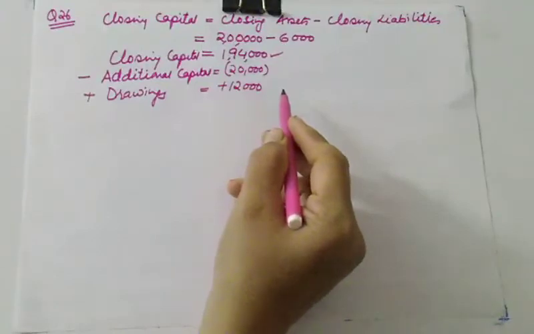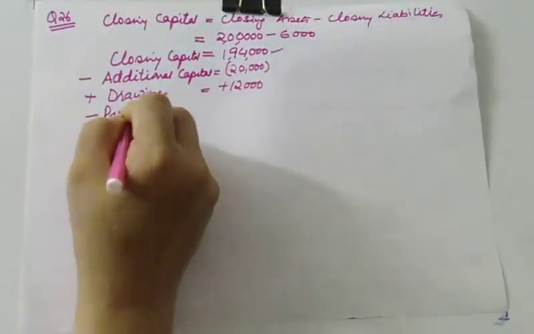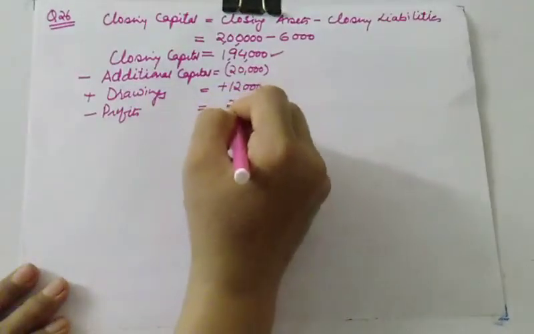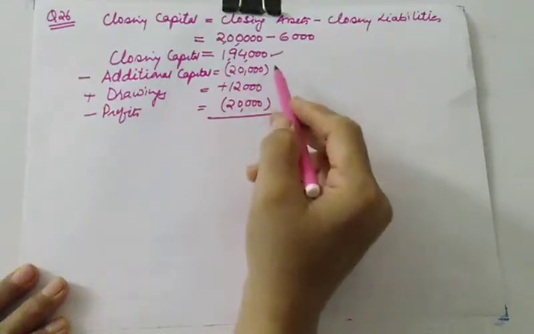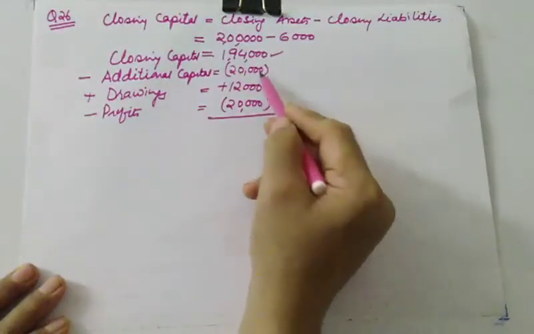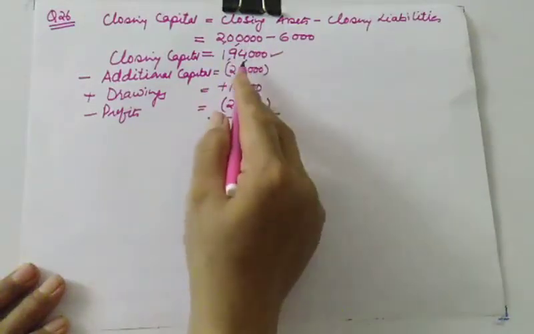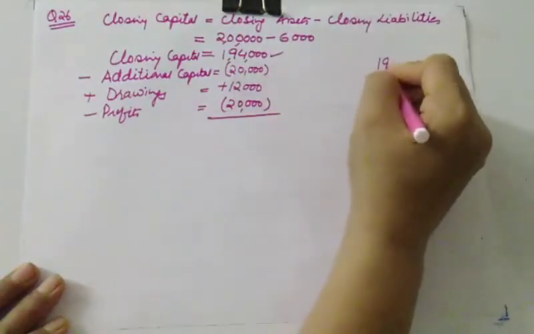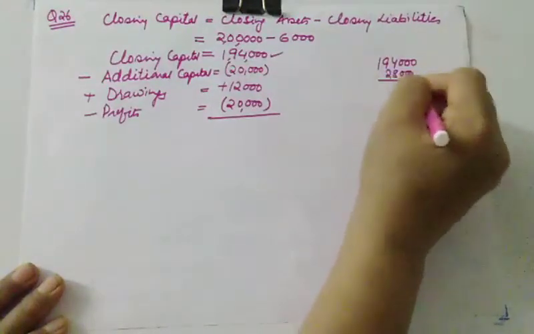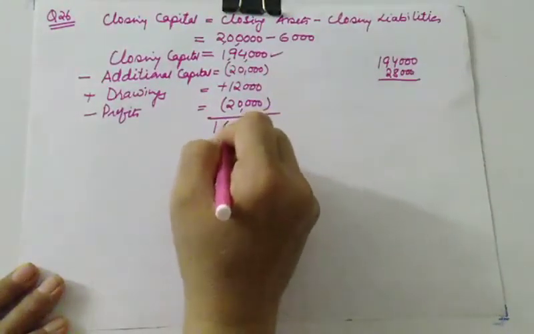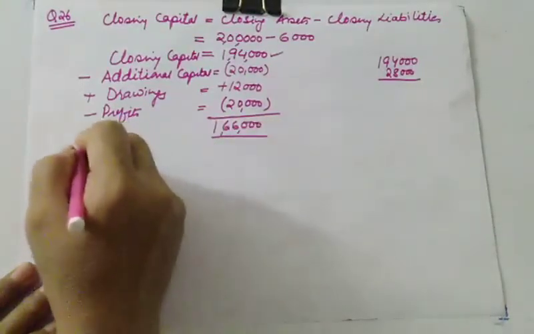He made a profit of 20,000 during the year, so the 20,000 profit will be deducted. If you solve this, 40 minus and 12 plus, we will be deducting 28,000 from this. So 1,94,000 minus 28,000 will be 1,66,000 as the opening capital.